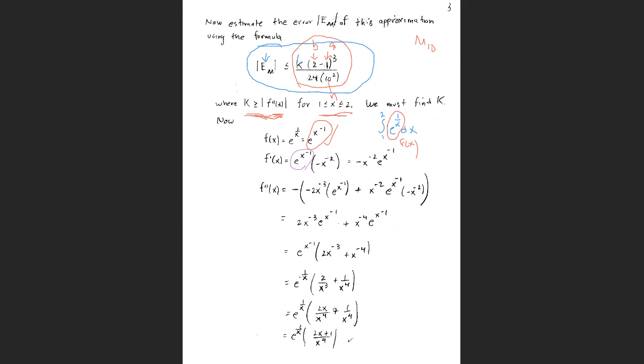And then we have to take the derivative of x to the negative first, which is just negative x to the negative second. And this will give us negative x to the negative second power times e to the power x to the negative first. That's our first derivative. Okay, are there any questions so far?